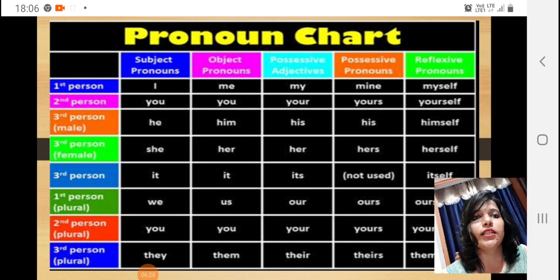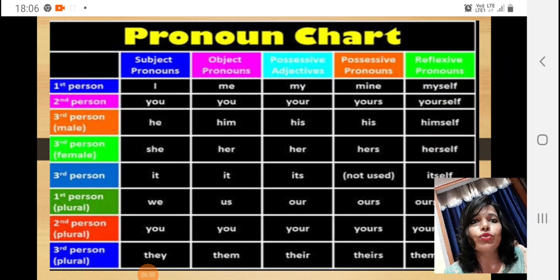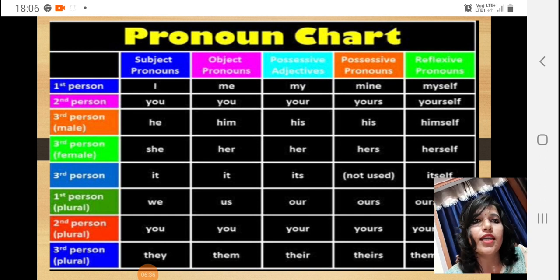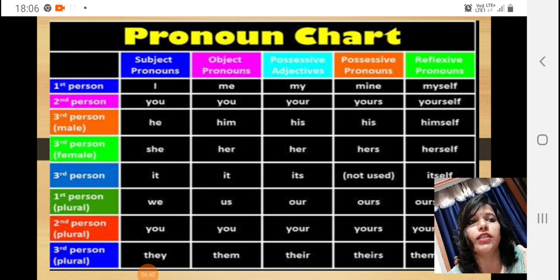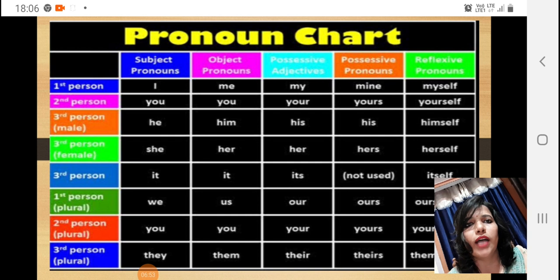You can see in this chart that they are showing the subject pronouns, person-wise and object-wise, and possessive adjective, possessive pronoun, everything. All the differences are given here, because as we know, grammar sometimes seems similar, but grammatically they differ. Likewise, in subject pronouns, I is given first.